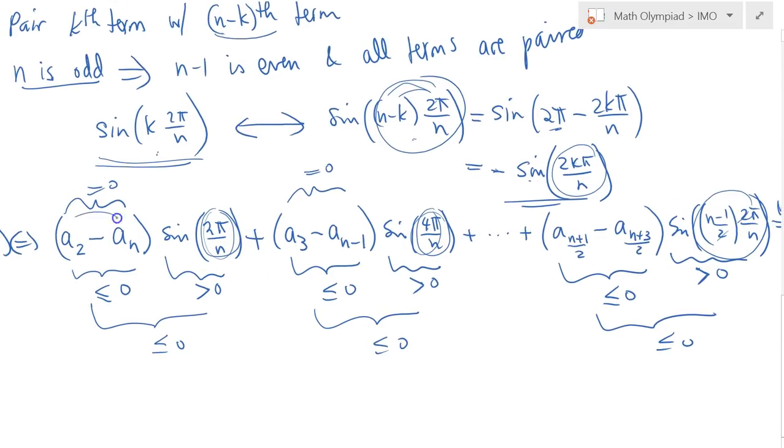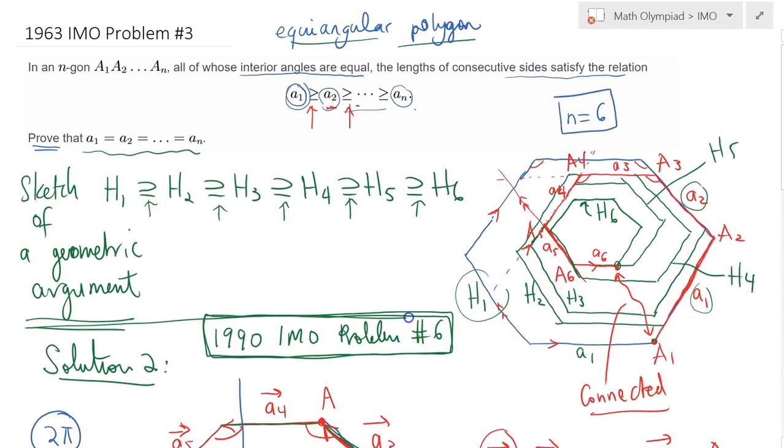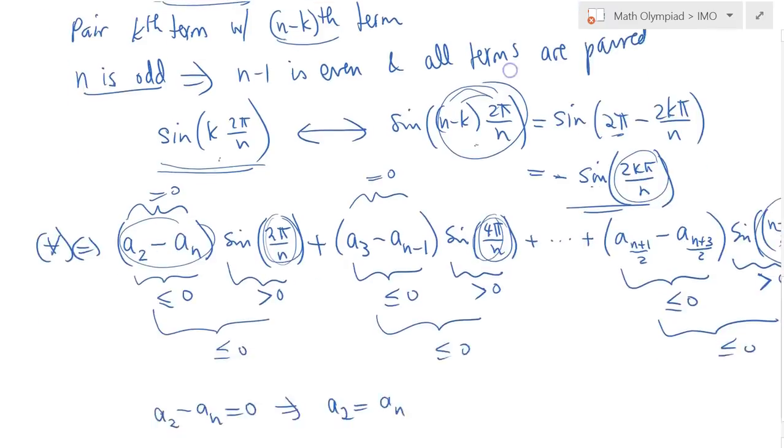Actually, I can just focus my attention on the very first one, right? So we know that a2 minus an has got to be 0, but this implies that a2 has got to be equal to an, right? But remember the given condition early on. Early on the problem said that a2 is greater than or equal to an, right?